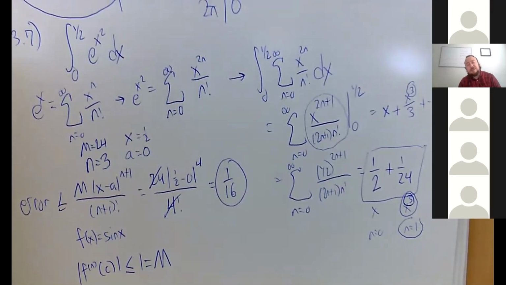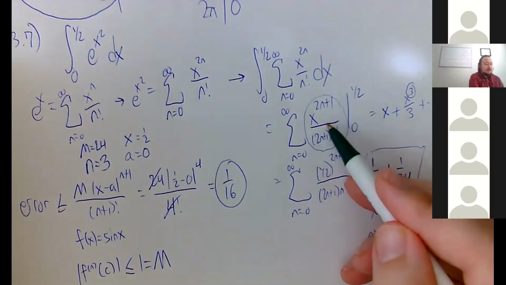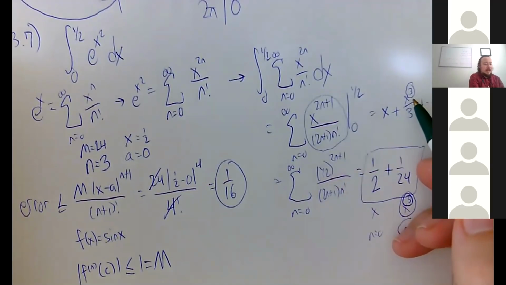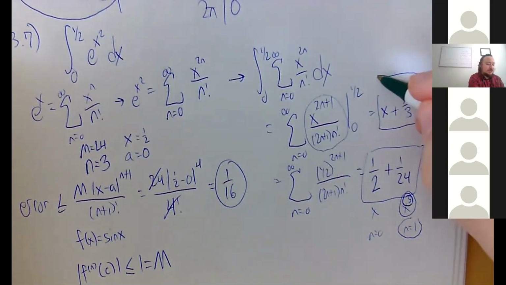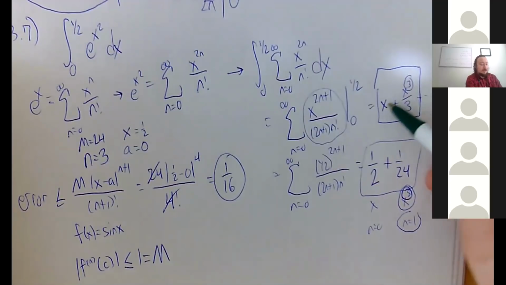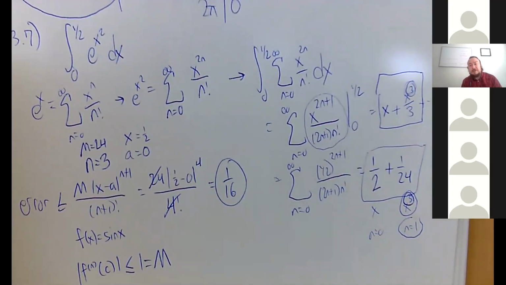But I might not always give it to you. So if you didn't give it, how would we go about it? You just look at the series that you're using and see what the highest power of x that you used is. I asked you to use the first two non-zero terms, right? So the first two non-zero terms of the series are x and x cubed over 3. And since the biggest power is cubed, it's a degree 3 approximation. Okay, thank you.